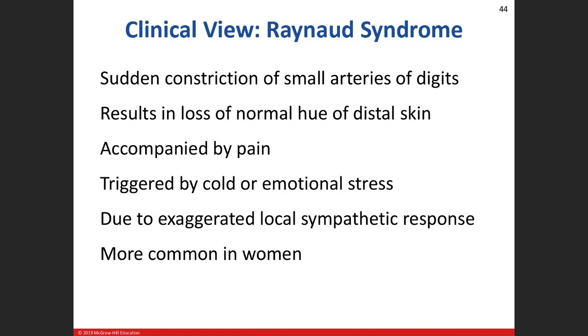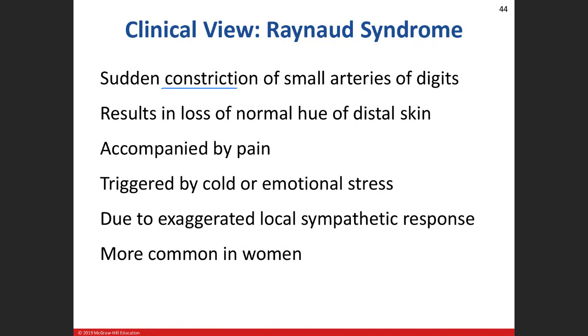Here we're dealing with Raynaud's syndrome. Again, we are seeing vasoconstriction to the distal regions of your digits. So you will see a decreased amount of coloring.